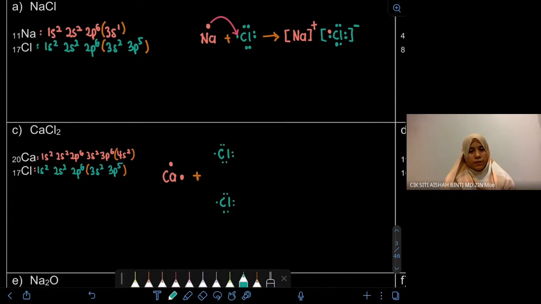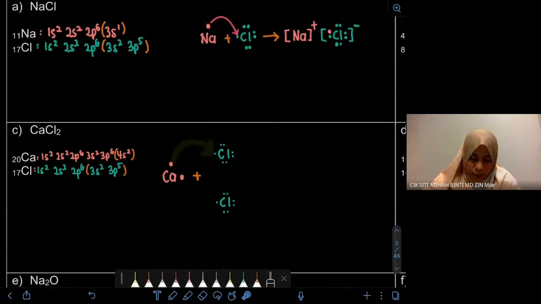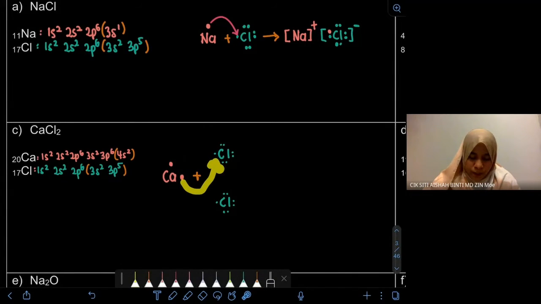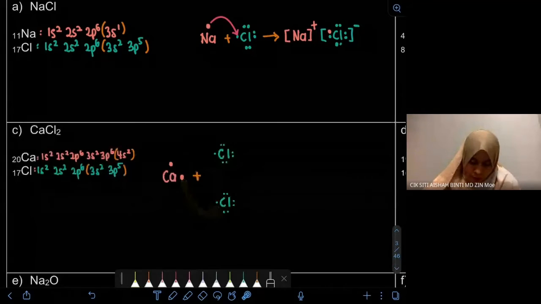Okay, so what happens is that sekarang ni kalsium ada 2 valence electron. Tapi contohnya kalau dia dah share satu dekat sini, then our chlorine dah capai octet. Okay. So lagi satu elektron ni cannot be shared. Kan? Okay, lagi satu elektron ni will be shared to another of our chlorine. So macam mana nak draw dia?